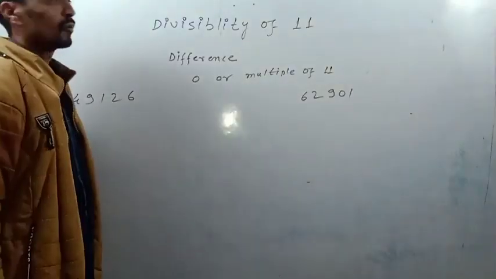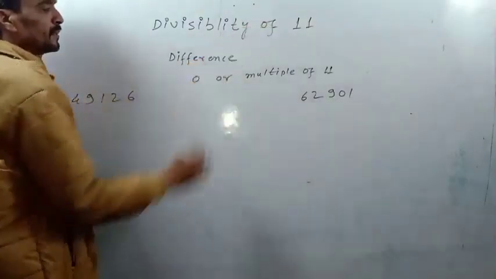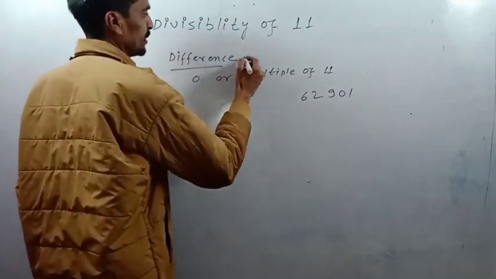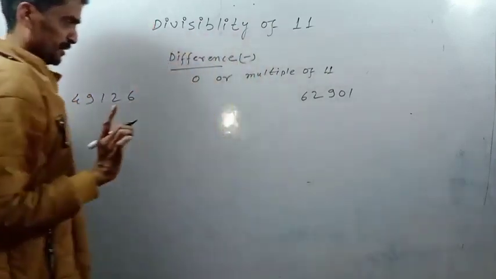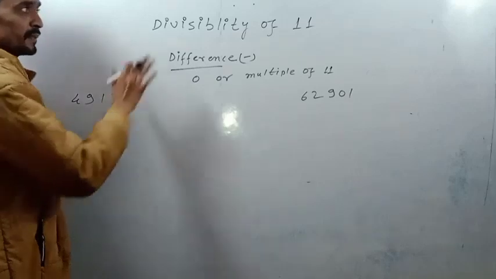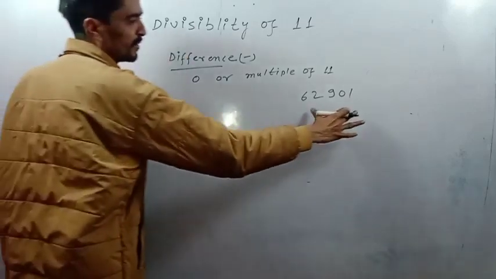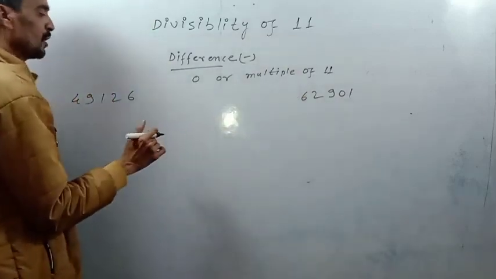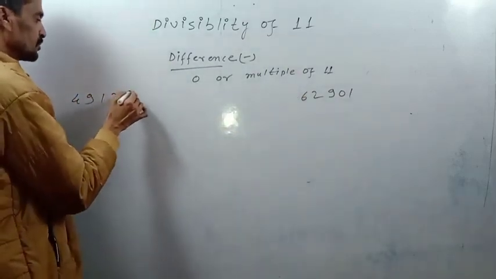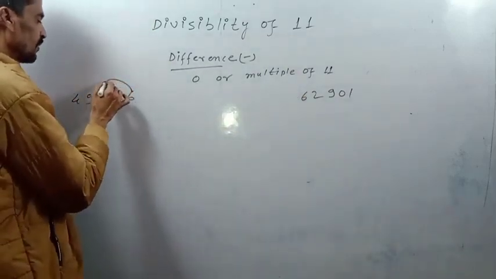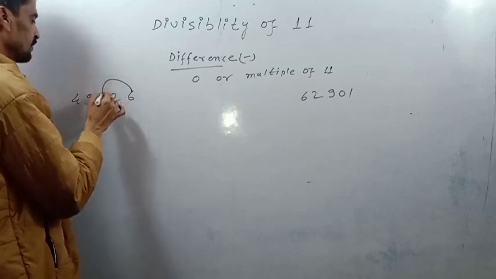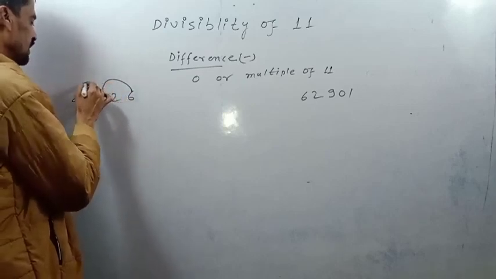Now we are checking the divisibility of 11. Difference means minus. For the divisibility of 11 of the given number, what do we want to find out? The alternate numbers. So 6, leave 1, then 1 and 4.